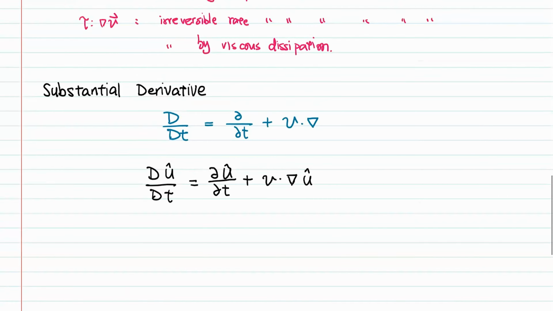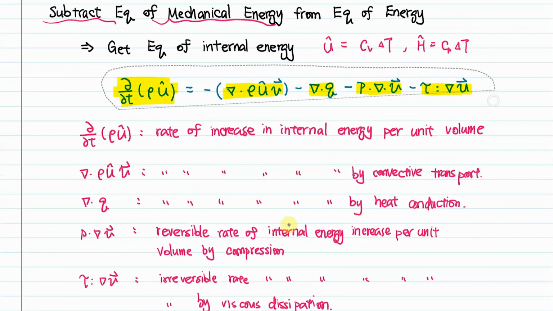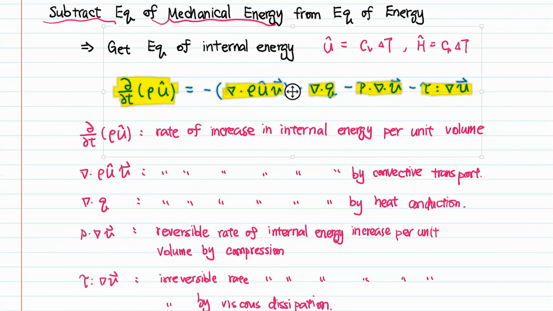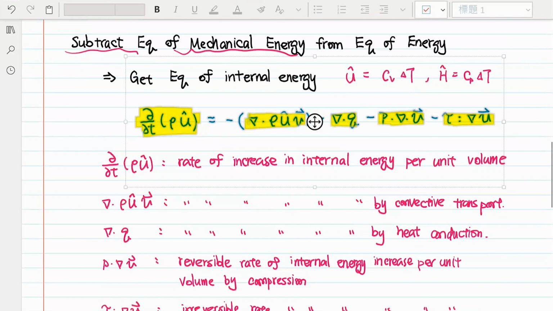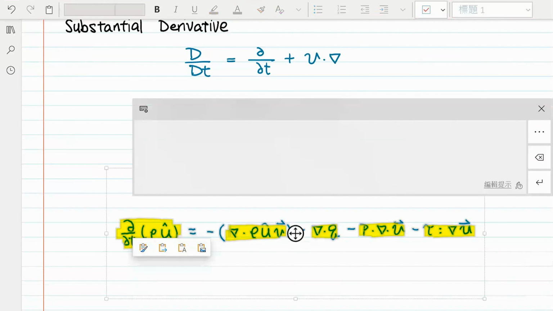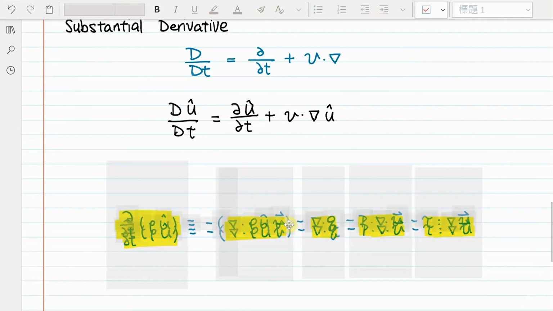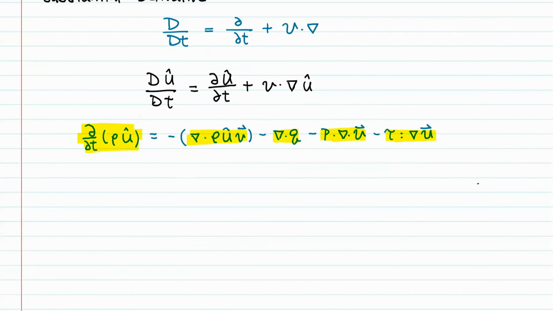Again, if we look at our equation of internal energy, let's copy it and paste it down here. So how are we going to use the idea of substantial derivative here? Let's do this step by step. First, let's look at our convective transport term.